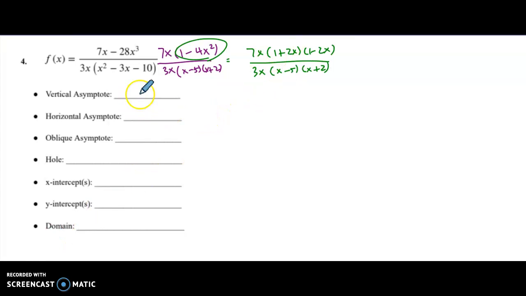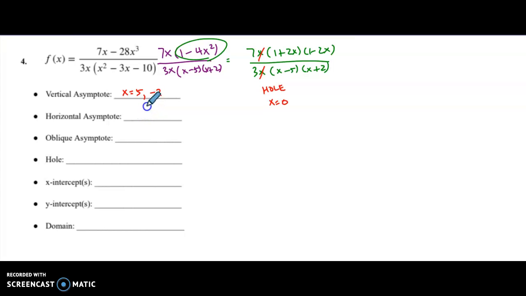So my vertical asymptotes come from the denominator. Now, I want you to notice something though. This x and this x cancel out, so there's actually going to be a hole at x equals 0. I'm going to keep that in mind. The other two are going to be the vertical asymptotes at x equals 5 and -2.